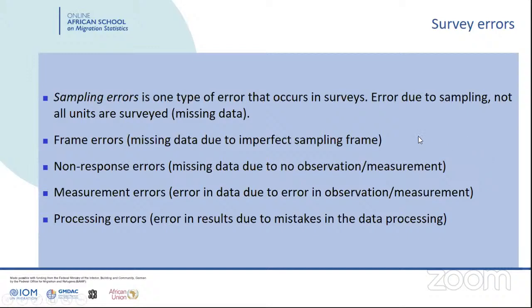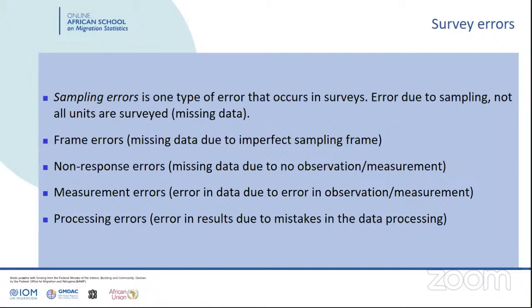If units are missing from the frame, we will have what we call frame errors. If not all households or units are responding to the survey, we will also have missing data due to no observation, no measurements.